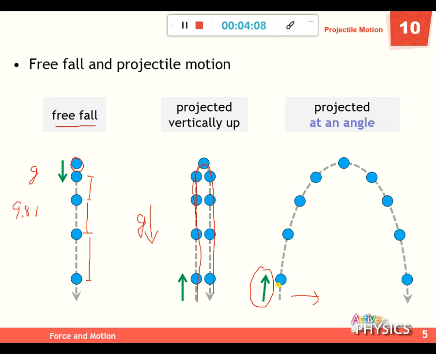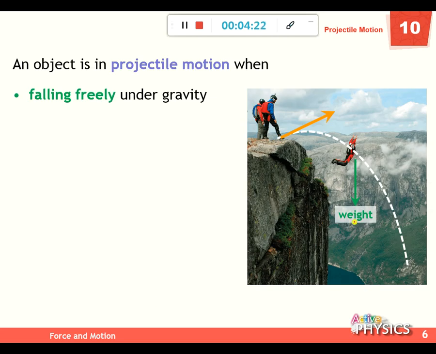In this case, we will focus on the motion in the vertical and also the horizontal direction. Then combine them together, and we will say it is projectile motion. This one will be the other example.